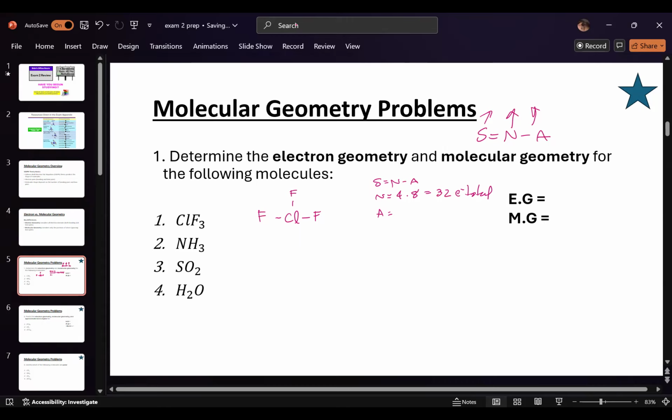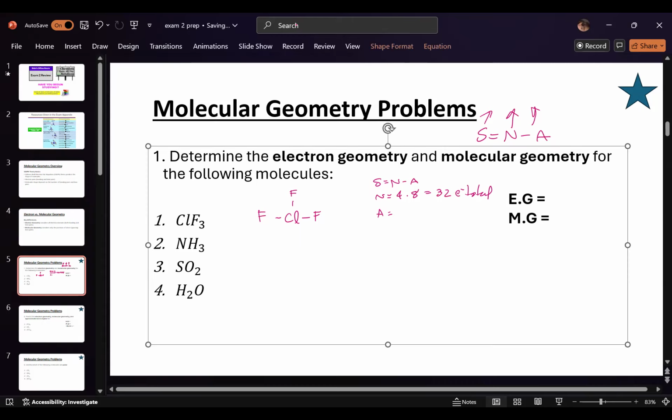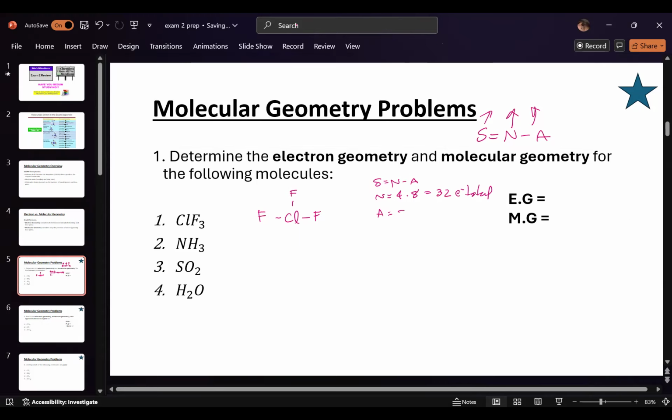Then A is you count everything that you have in total. So in this structure, I have 3 fluorines. So 3 times the valence electrons of fluorine, which is 7, plus Cl, which is also 7. So you can just do 4 times 7, which is 28.